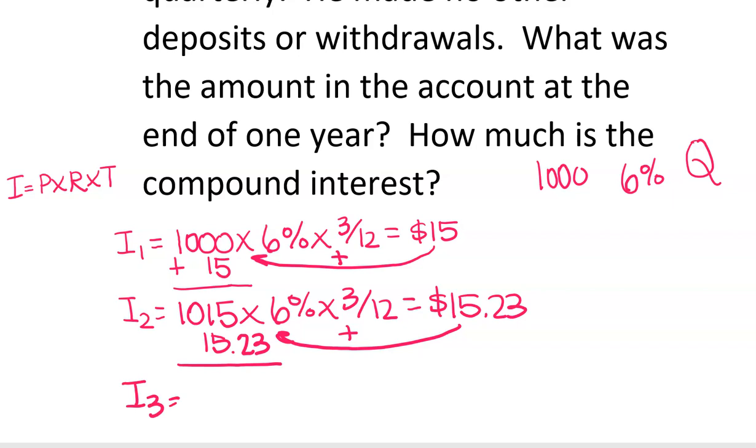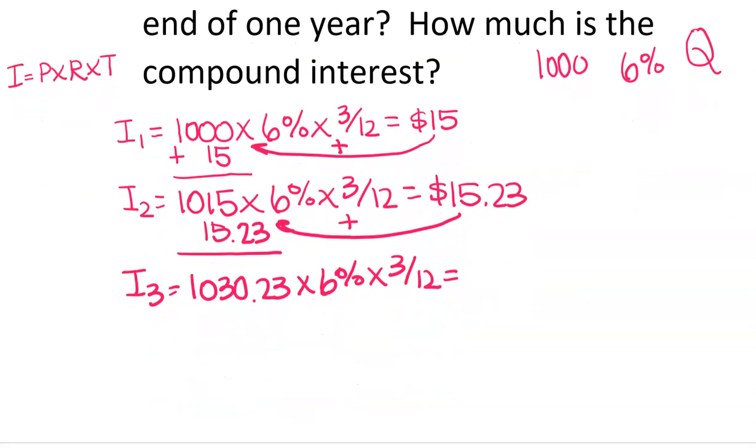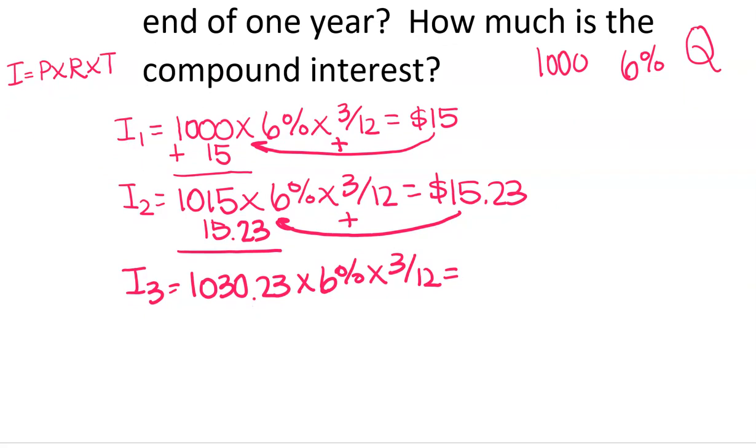So this will be $1,030.23. Same interest, same period of time. $15.45. This should steadily go up just a little bit each time.